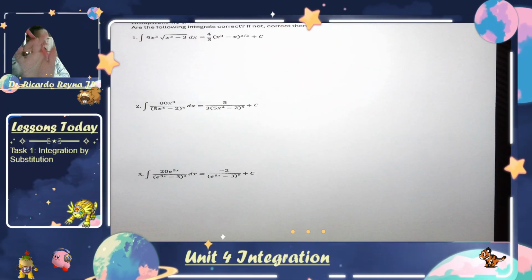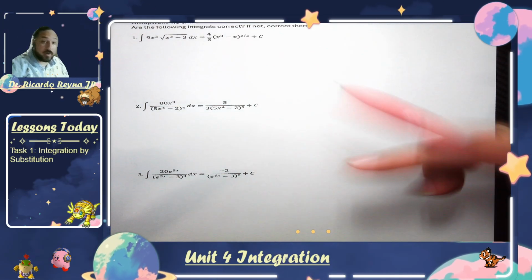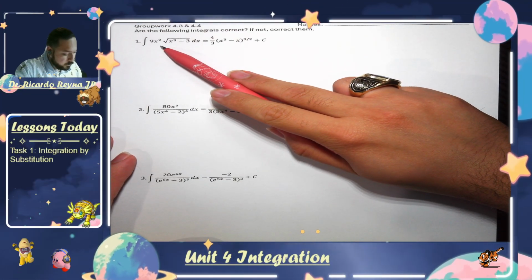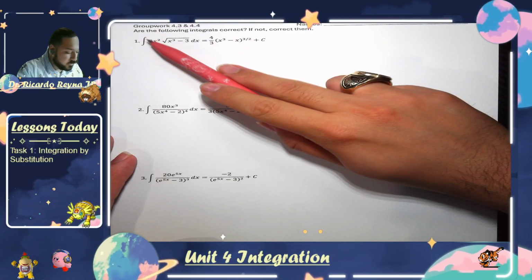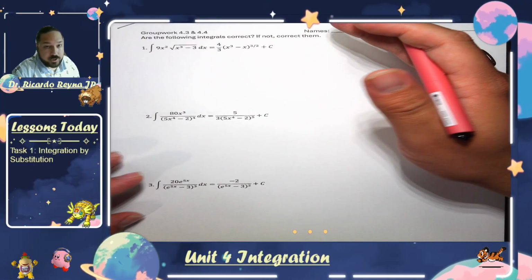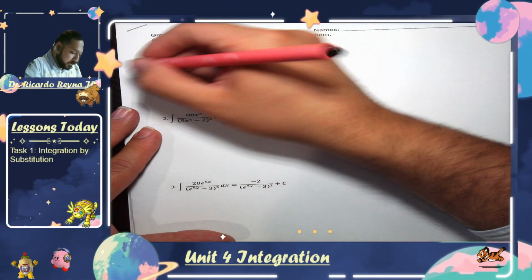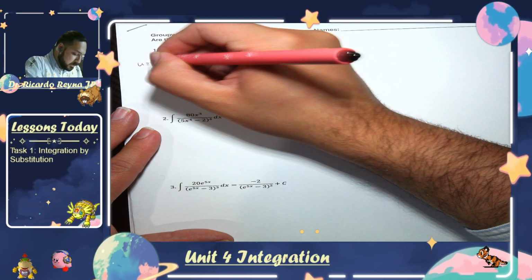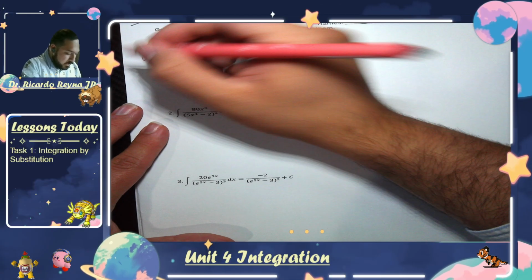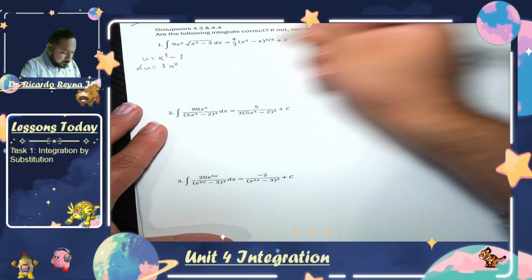So let's go. Okay, so the prompt is, are the following integrals correct? If not, correct them. So you have the first one. Again, you can use the logic: well, I see the derivative somewhat in here, but maybe not exactly. Maybe we need to do manipulation. Either way, you can make your life easier by saying, okay, u is x to the power of 3 minus 3, and then du is 3x squared.